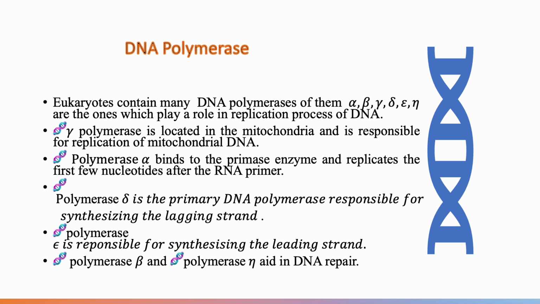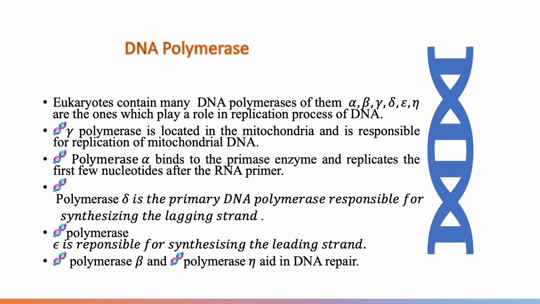First, coming to DNA polymerase gamma, which is located in the mitochondria and is responsible for replication of mitochondrial DNA. As you all know, the replication of mitochondrial DNA takes place in the mitochondria itself and has no relation to the replication process that occurs in the nuclear content of the cell.